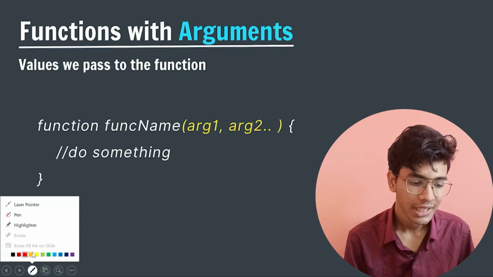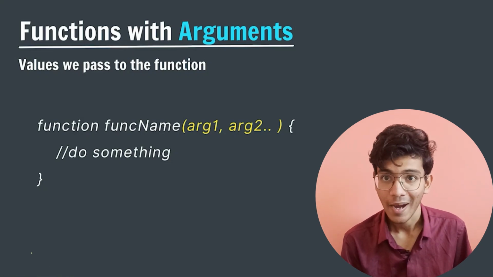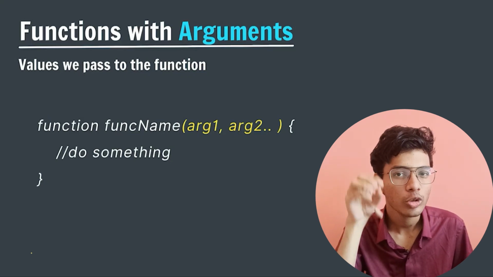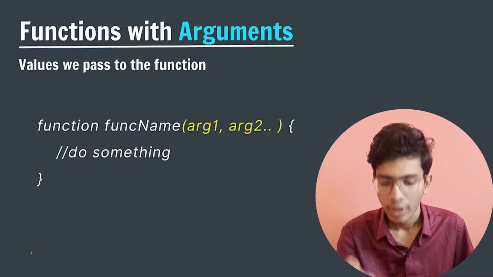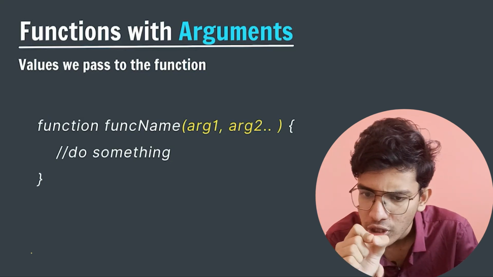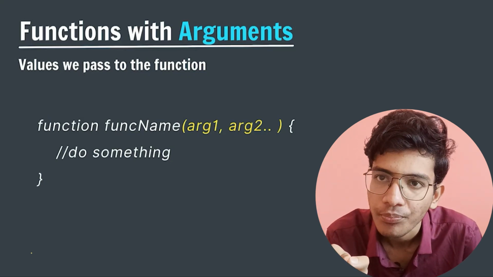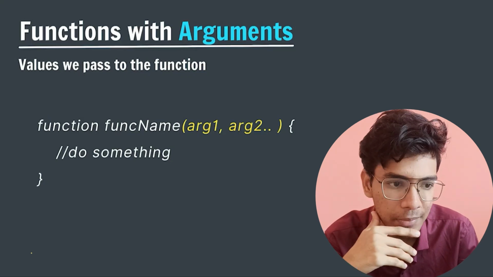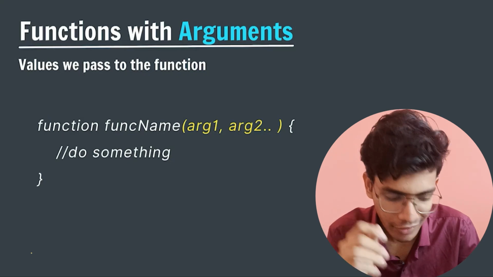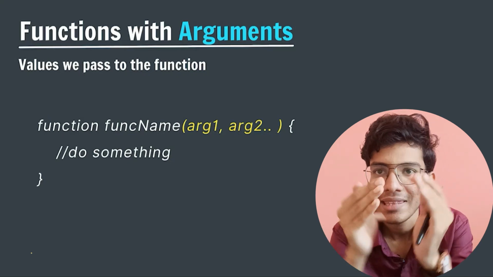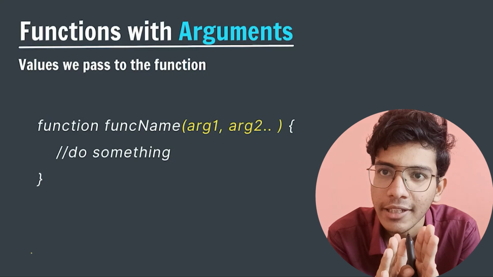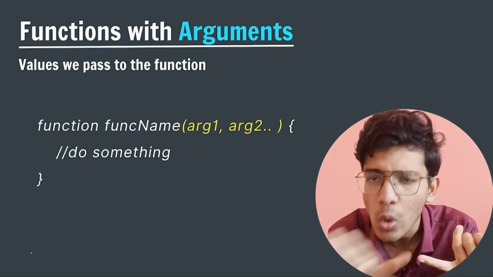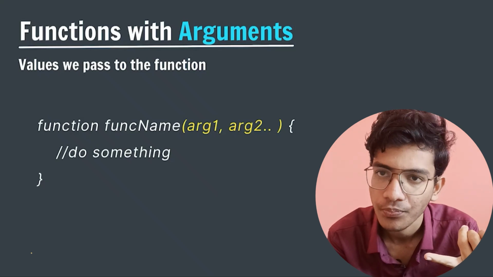The next concept is arguments. Arguments are nothing but the values which we pass to the function. There are some functions which require some input, and some functions which don't require any input. For example, when I give math.random, in the parenthesis I'm not giving anything, because math.random is a function which doesn't need any input.